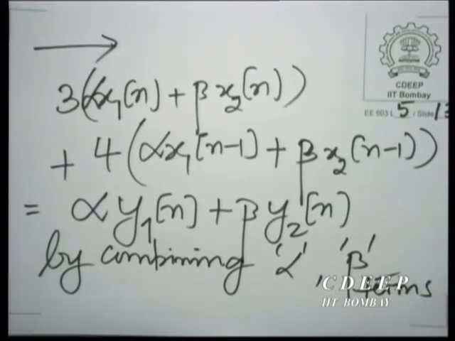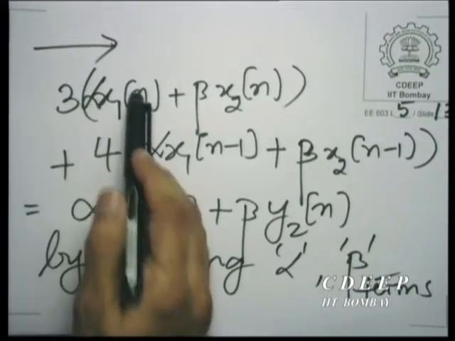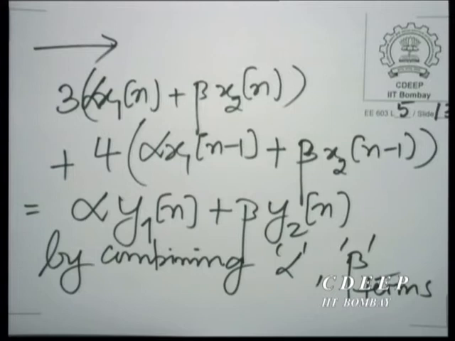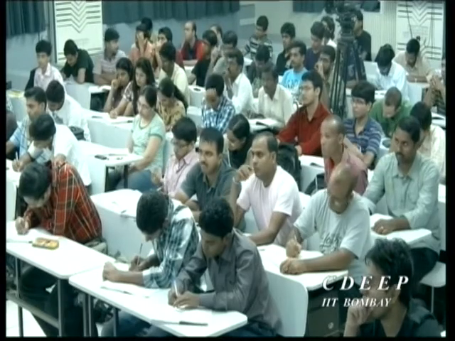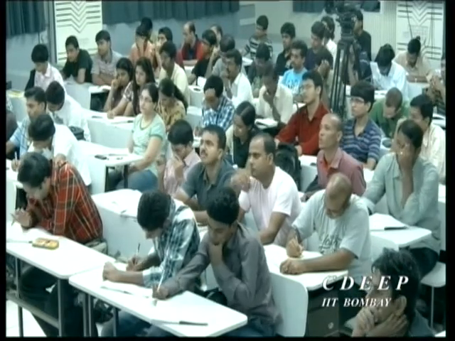Simple enough. You just expand the brackets, you get terms combining alpha and beta there. You would have alpha times 3 times x1[n] plus and so on. So, I leave that to you to complete. So, it is very clear this system is linear because this happens for any x1, x2, any alpha, beta. Is that right?